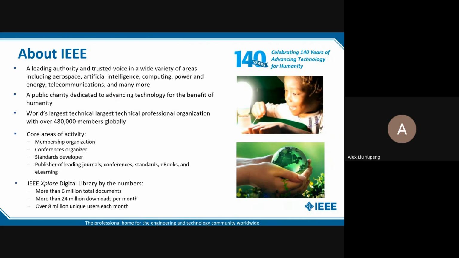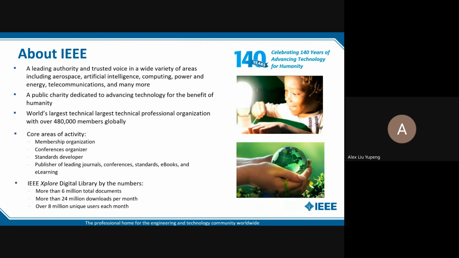We also have geographic units. For example, in Malaysia, we have our Malaysia Section. In Singapore, there's a Singapore Section, and we have Tokyo Section and so on. Even in universities, we have some student branches. So as a member of IEEE, you will be involved in all these activities.